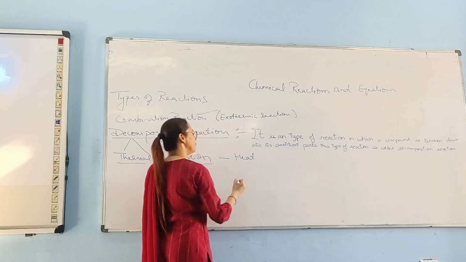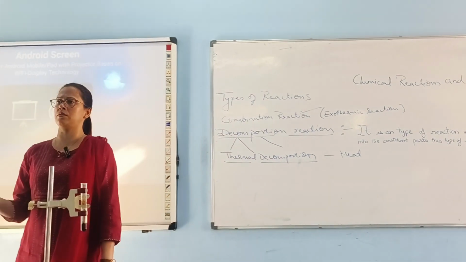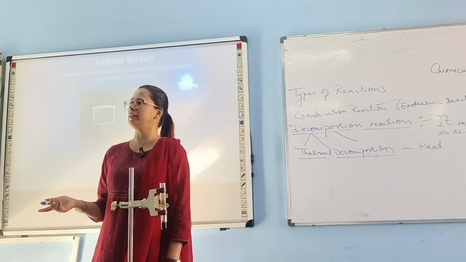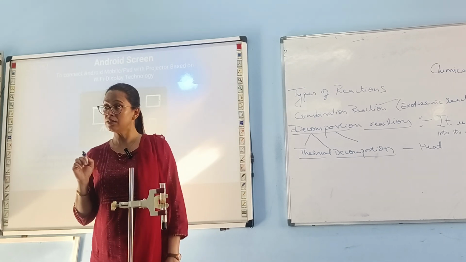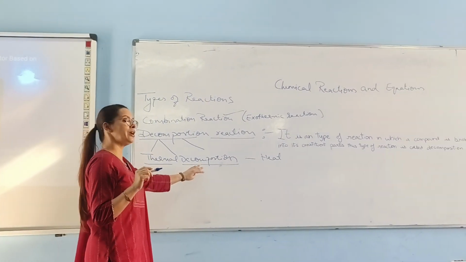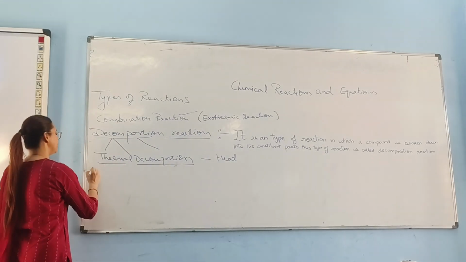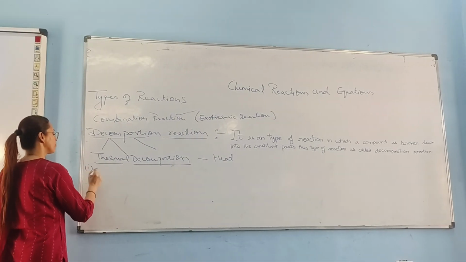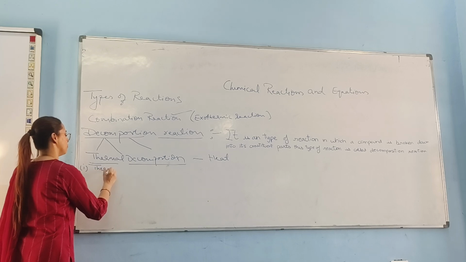I'm not writing the complete definition, but you will be able to frame it. The decomposition reaction where heat is used to decompose, we call it thermal decomposition reaction. And the first example we are taking is thermal decomposition of ferrous sulfate.